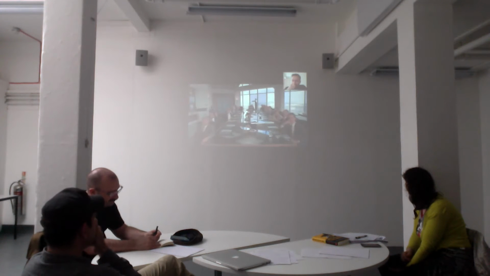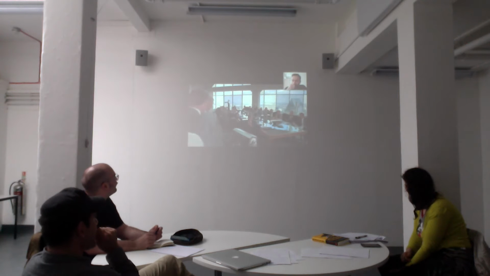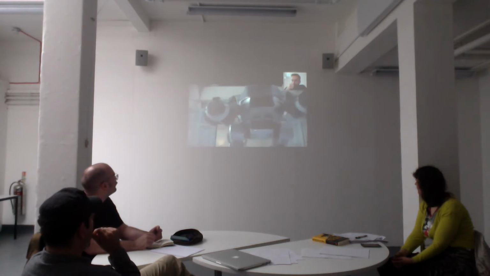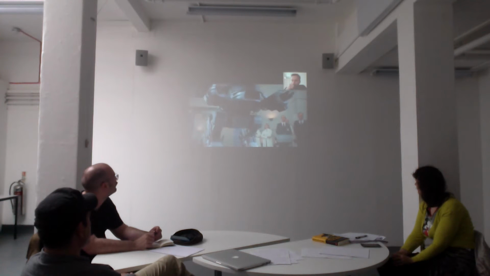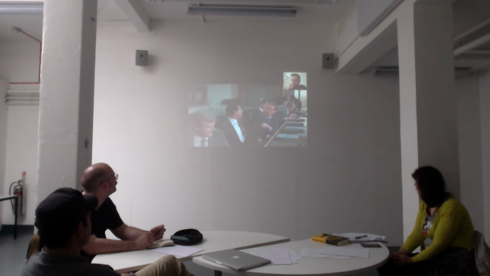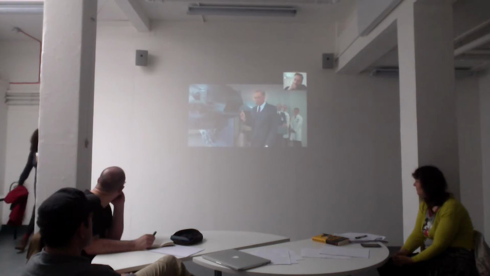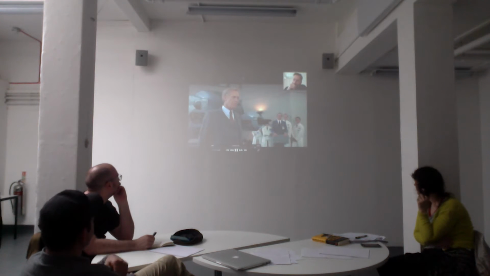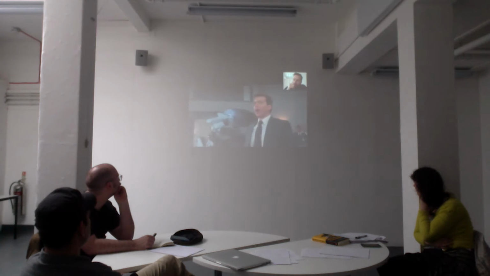ED-209. The enforcement droid, Series 209, is a self-sufficient law enforcement robot. 209 is currently programmed for urban pacification, but that is only the beginning. After a successful tour of duty in old Detroit, we can expect 209 to become the hot military product for the next decade. Dr. McNamara. We'll need an arrest subject. Mr. Kenny. Yes, sir. Could you come up and give us a hand, please? Yes, sir.